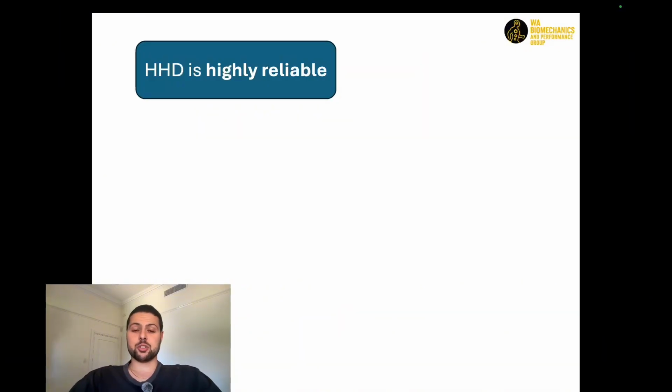Looking at the research, the handheld is highly reliable when used correctly. Now, this is where a lot of clinicians are getting it wrong. They think, oh, look at this, I've got a fancy little device, it gives me a number, so all of a sudden I'm being super objective and I'm tracking my patient's progress. But they're not using it correctly, and then that does throw the reliability out the window.